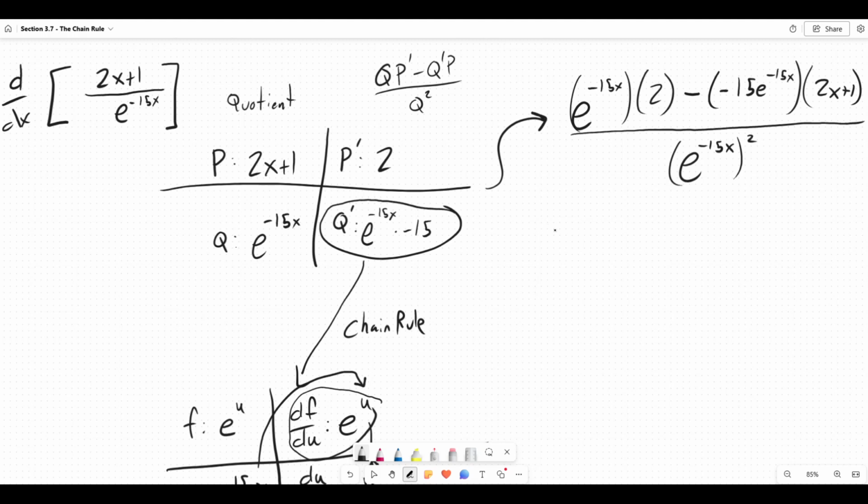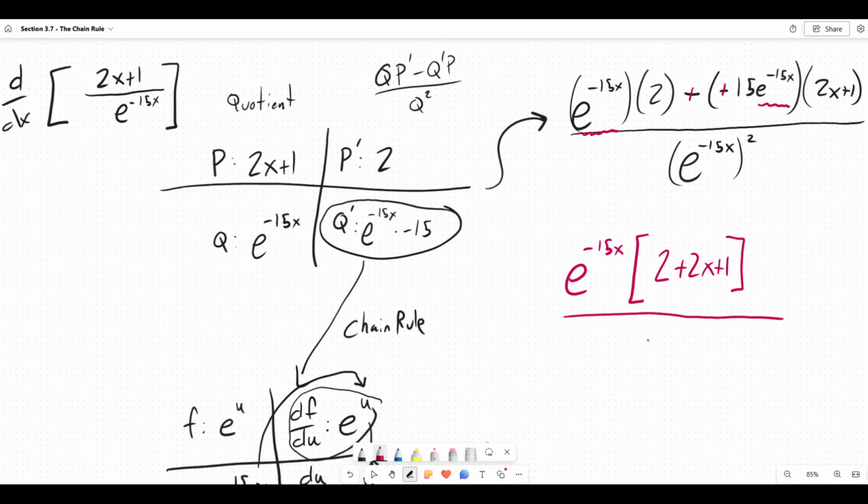Now, can I simplify this? The answer is yes. Point out this term has an e to the negative 15x and this term has an e to the negative 15x. Notice, subtracting the negative, they're going to turn these positive. I can rewrite this as e to the negative 15x times 2 plus 2x plus 1 all over e to the negative 15x squared.